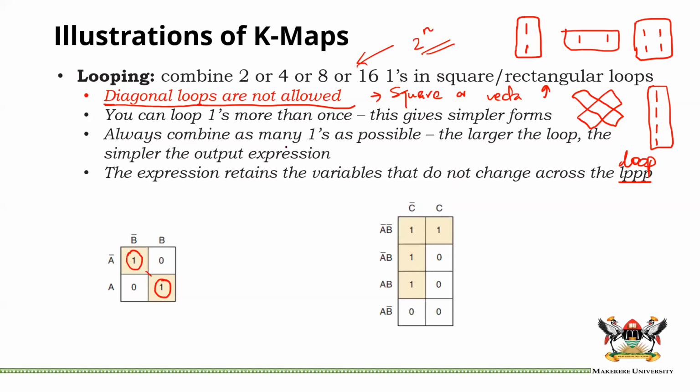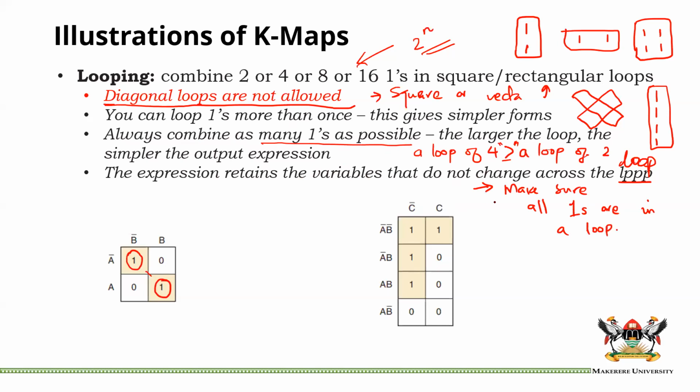By the way, always combine as many ones as possible. So if you can make a loop of 4, it is better than a loop of 2. I'm using this to mean better than, not greater than. Make sure all ones are in a loop.